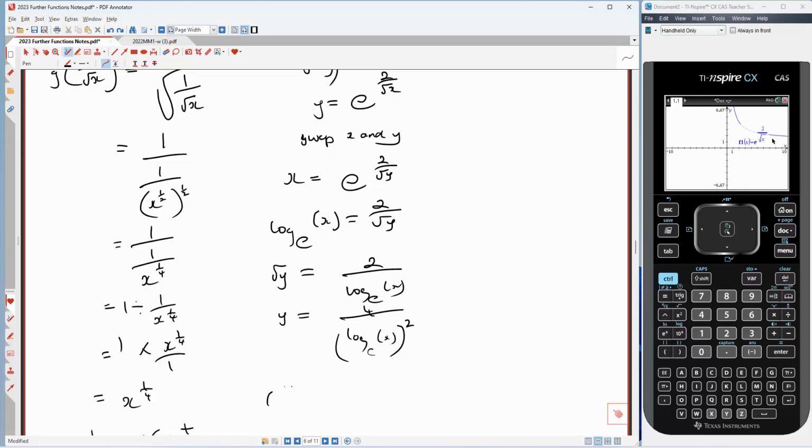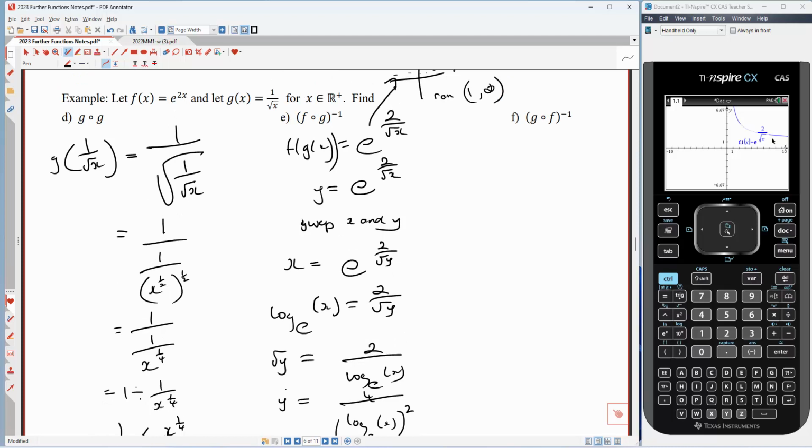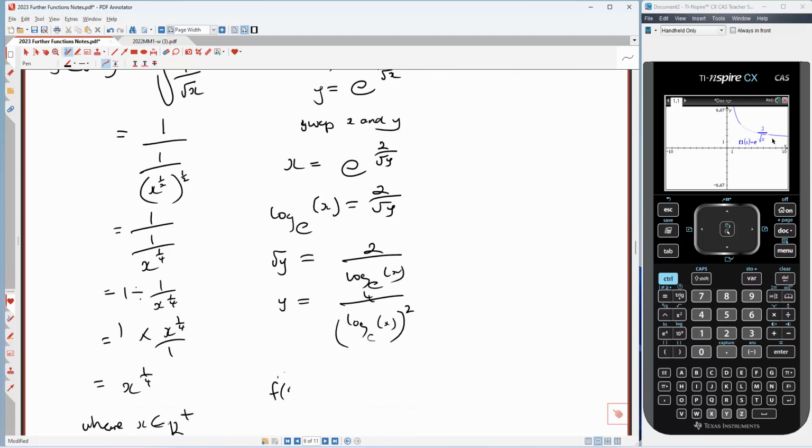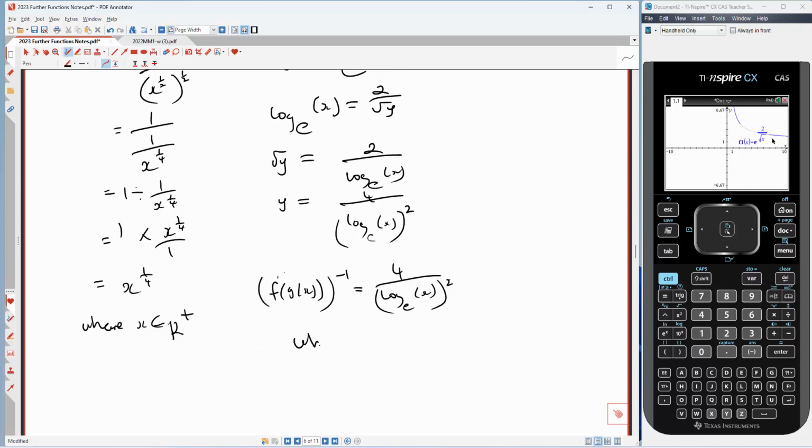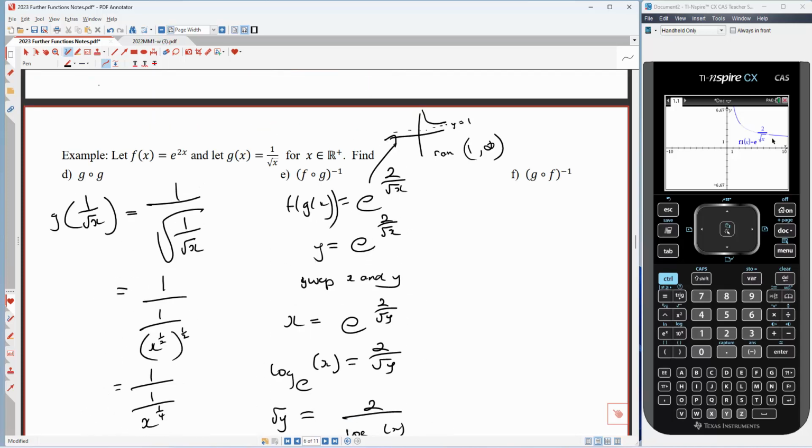So I'm just going to write it like this: f of g of x inverted equals 4 over log e x all squared, where x is an element from 1 to positive infinity. Yeah, that'll do. Tough one, that one.